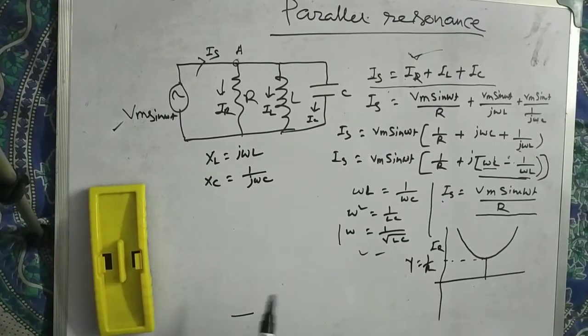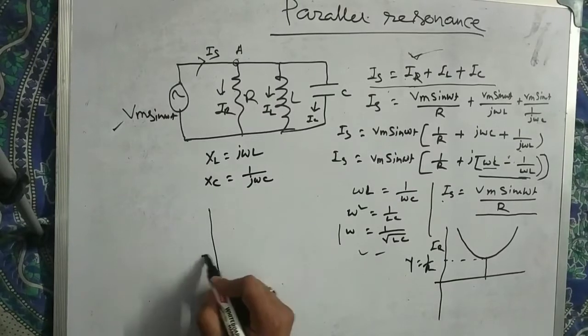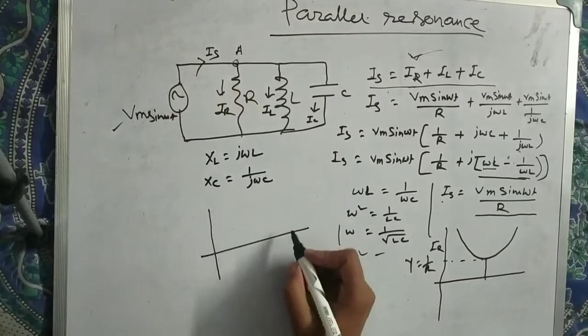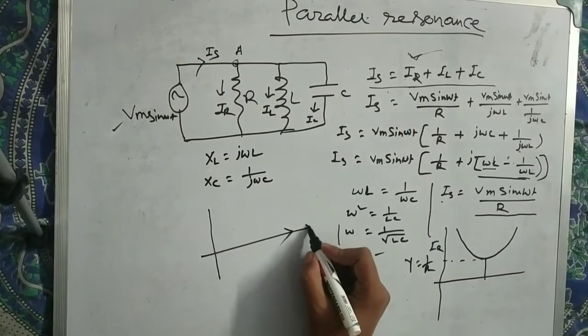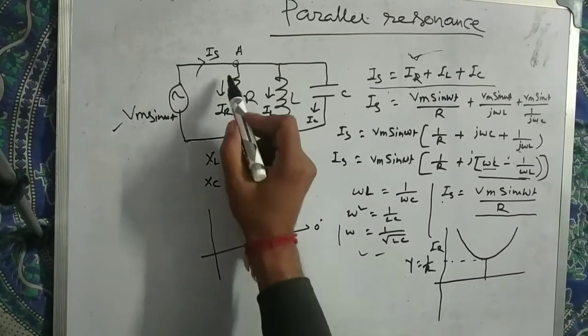So what is the scenario? If we draw the phasor diagram, we all have studied phasor diagram, Vm sin omega t, this is 0 degree. So Vm sin omega t and resistance current IR.